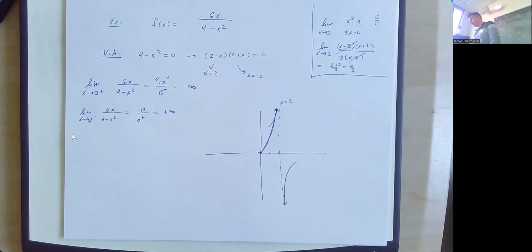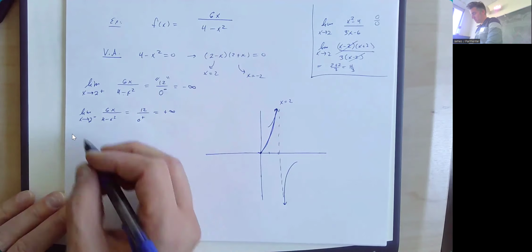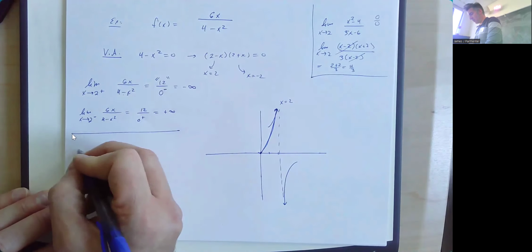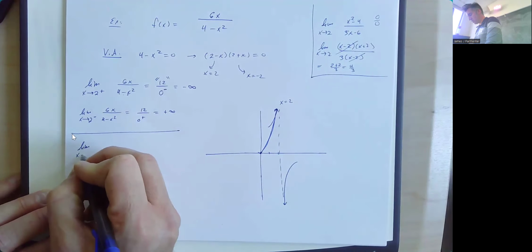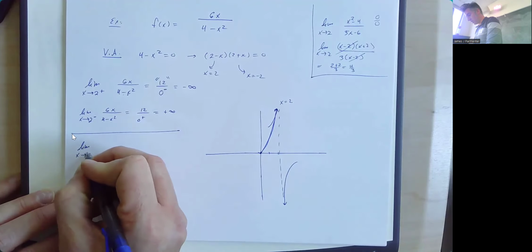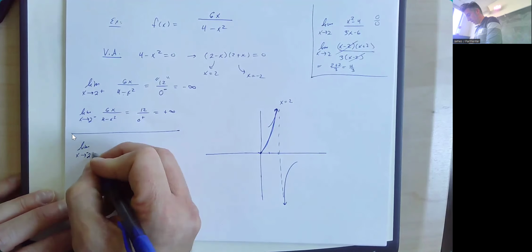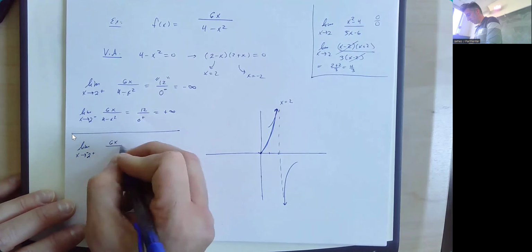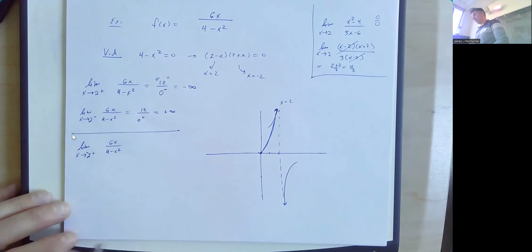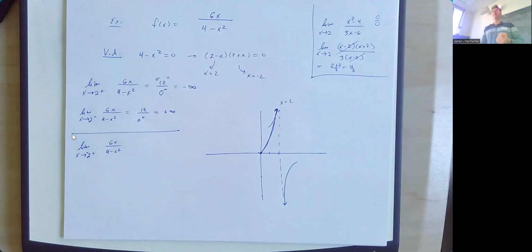And then let's see what happens near the other vertical asymptote. Let's see what happens as I approach negative 2 from the right-hand side of 6x over 4 minus x squared. And now we'll be honest here. It's hard for me to think about if I'm on the right side of negative 2, I mean, bigger, but what does that really mean?